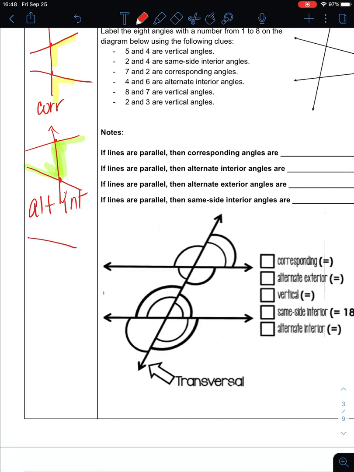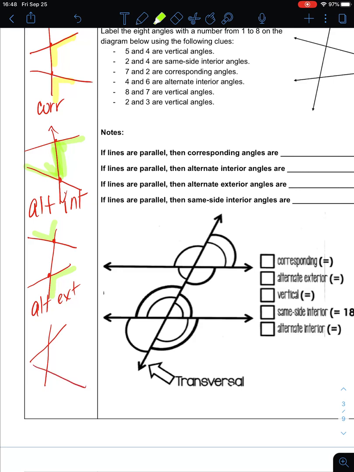So those are alternate interior. Then we talked about alternate exterior, where these angles are alternate exterior. An example of alternate exterior, they're not the only ones. Those are on alternating sides of the transversal. Both of them are exterior and each of them has their own vertex.